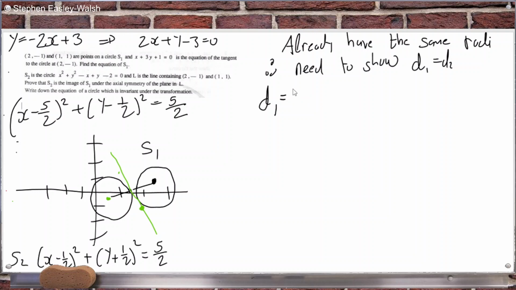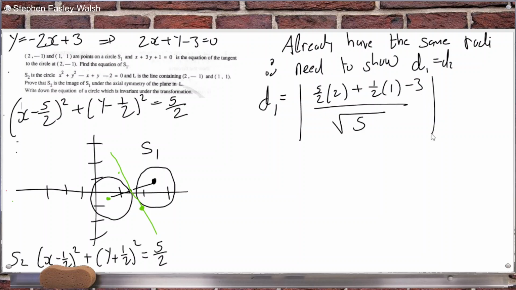So the distance would be 5 over 2 times 2 plus 1 over 2 times 1 minus 3, all over the square root of 5. Let's see what that is. But that's nice, they cancel.